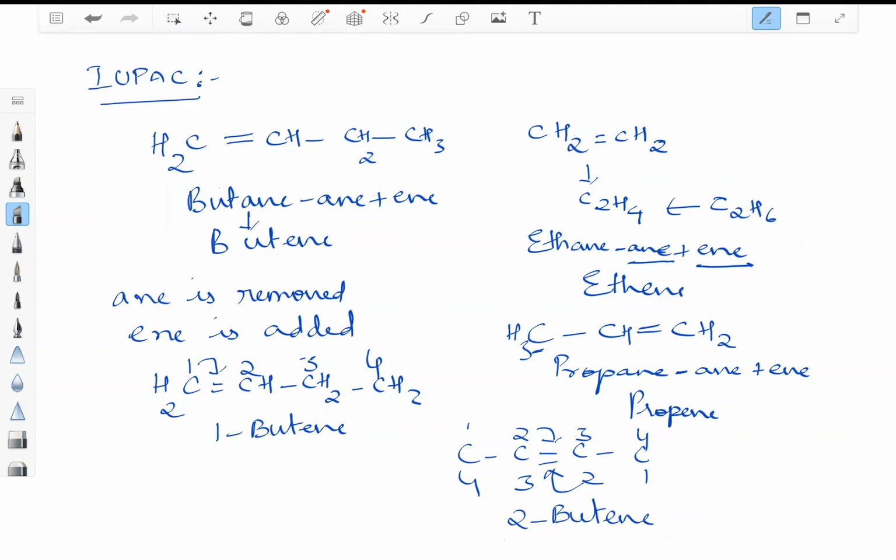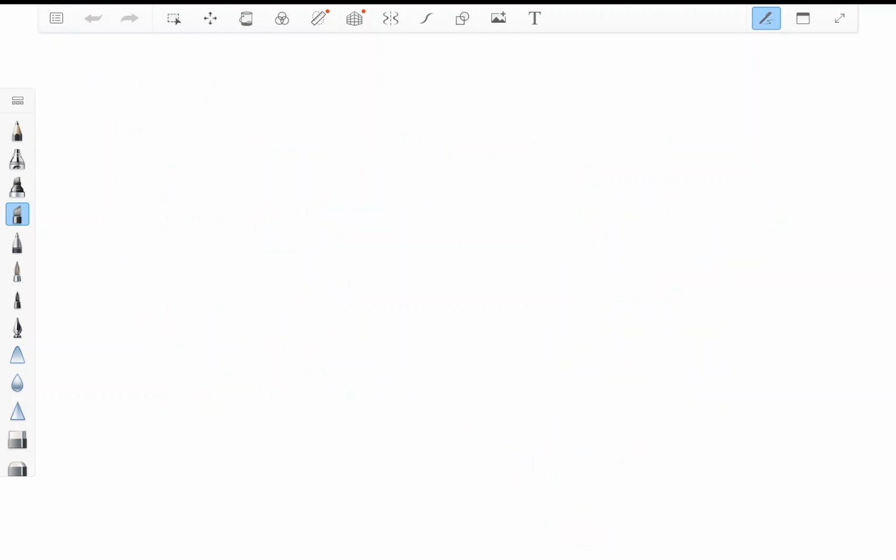The next example we'll try to discuss here has 1, 2, 3, 4, and this methyl group in the structure. This is the double bond. Because this carbon has two bonds to the double bond carbon, CH2, the carbon here has all 4 bonds, so no chance of hydrogens. Here CH2, here CH3.